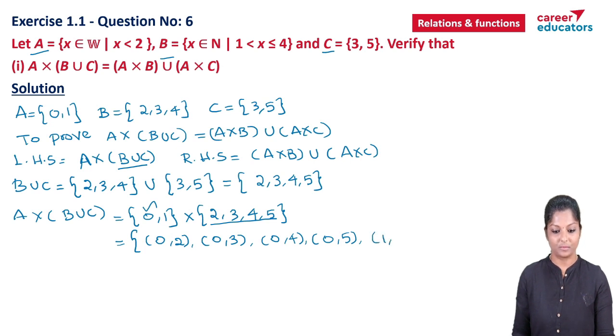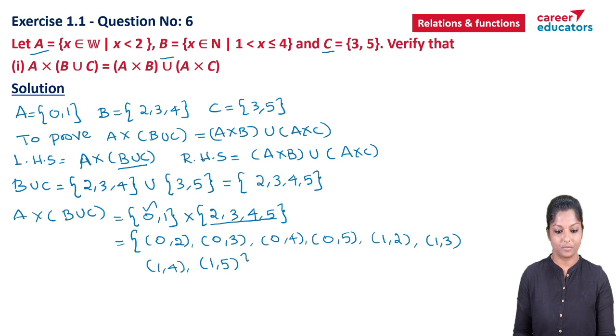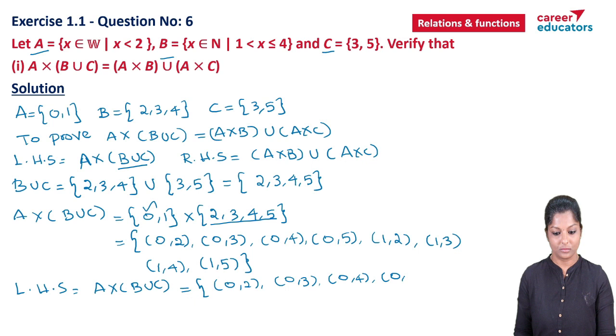We will get (1,2), (1,3), (1,4), (1,5). Now we got LHS. LHS equal to A cross B union C equal to (0,2), (0,3), (0,4), (0,5), (1,2), (1,3), (1,4), (1,5). We'll mark this as 1.